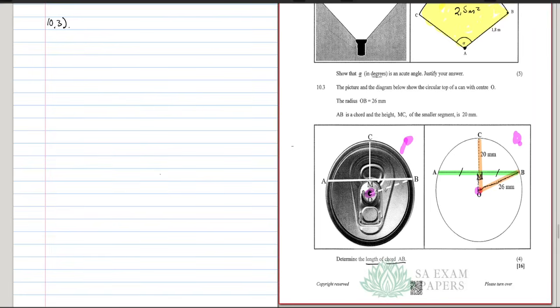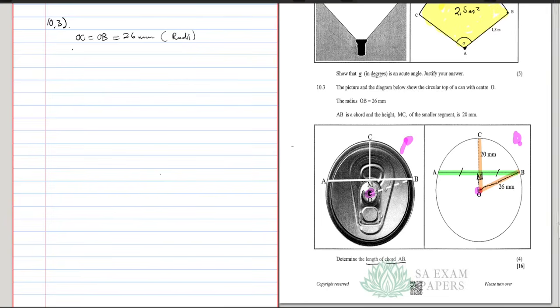Now, I have OB as 26. It also means that OC is 26 because they are both radii. OC is equal to OB, both 26 millimeters.